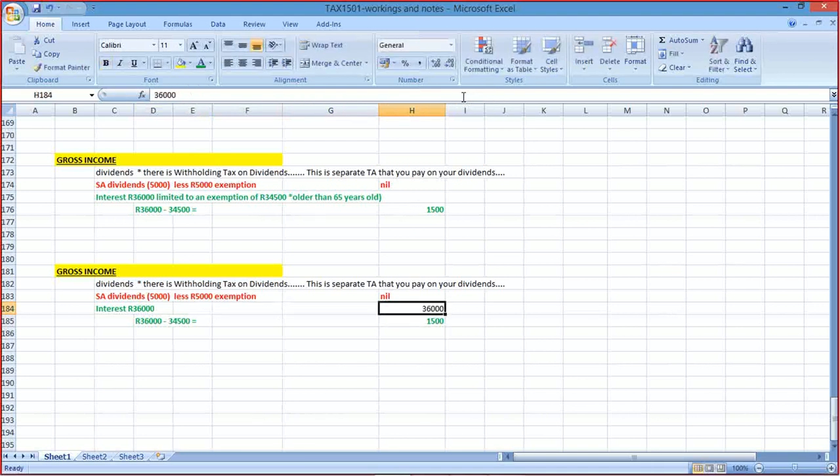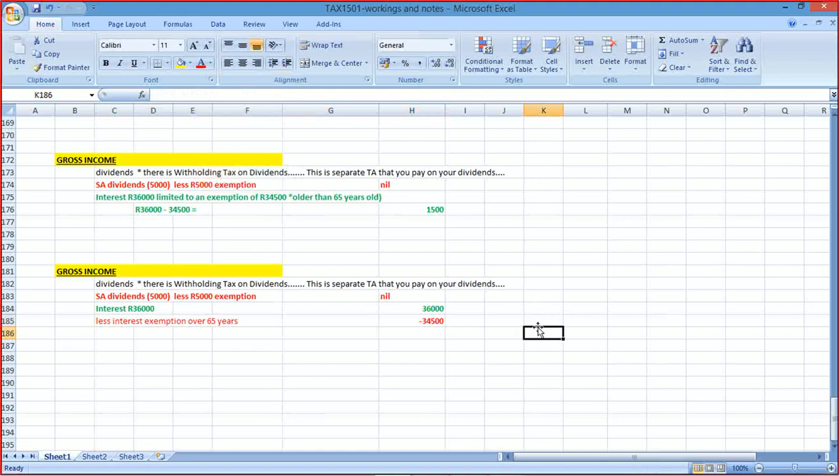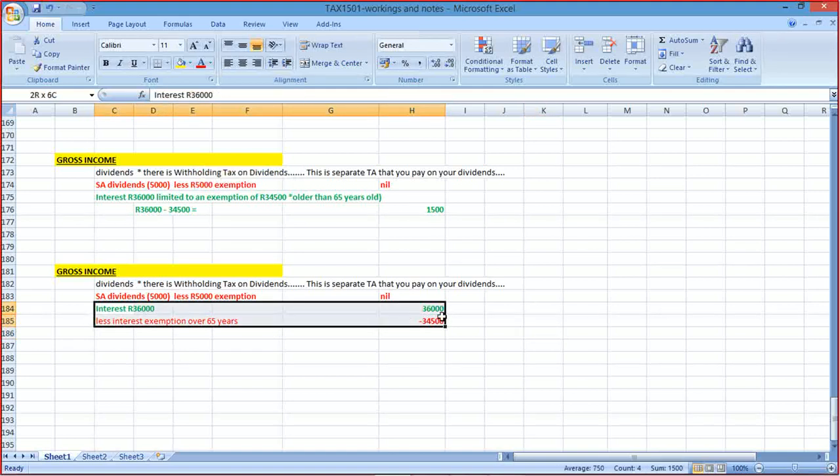Okay, another way of laying it out, you could show it like this. Why do you minus the exemption? Yeah, the exemption is what he gets as a benefit. You could show it like this, 36,000, and then you could say less interest exemption over 65. Oh, okay.